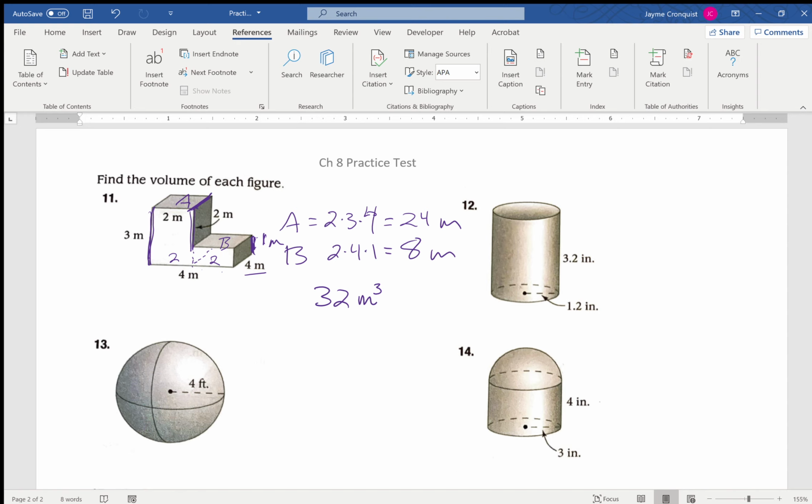Okay, 12. Area of the base times the height. If the radius is 1.2, I have pi r squared, so I have pi 1.2 squared times 3.2.